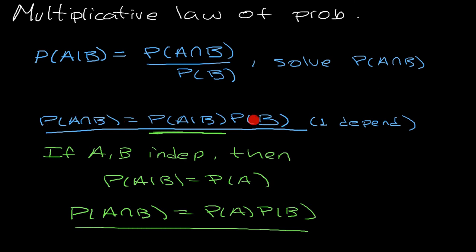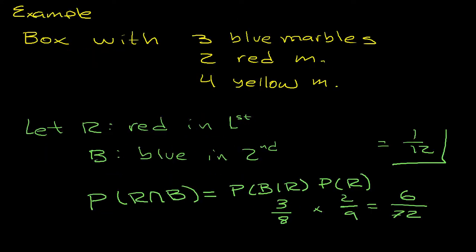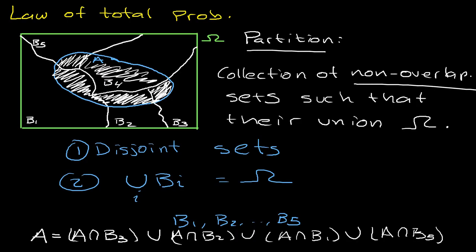The multiplicative law is just how to write probabilities of intersections in terms of conditional probabilities. So now let's write this event A again very quickly. A was going to be A intersected with B1 and B2 and B3 all the way to B5.